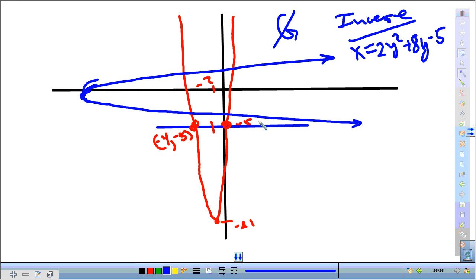So every point on the red curve reflected across a 45-degree line. So it's the same parabola picture, but just reflected.